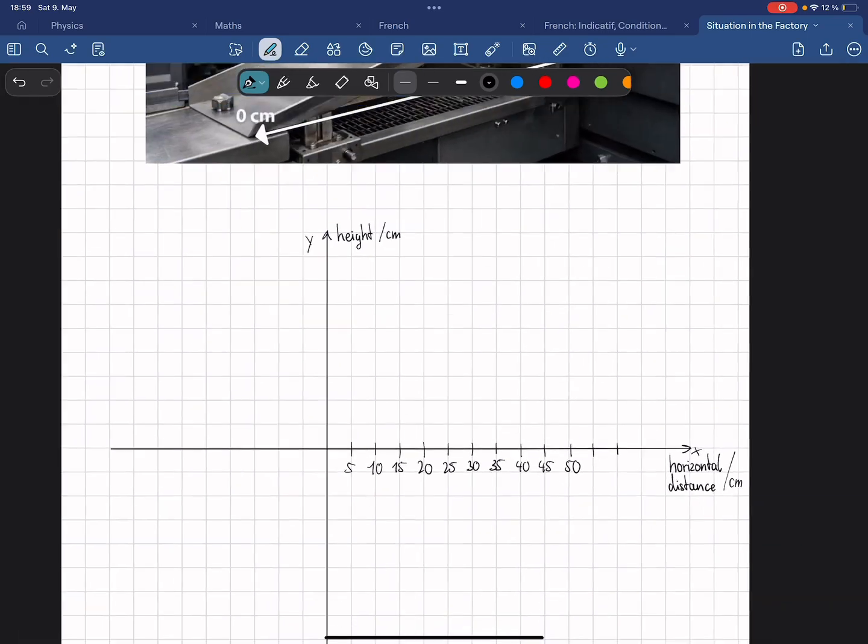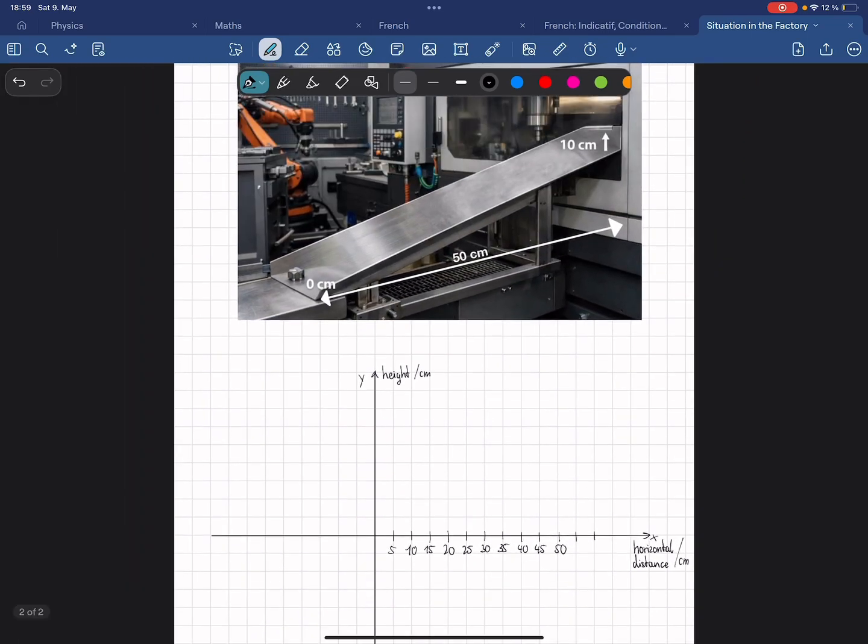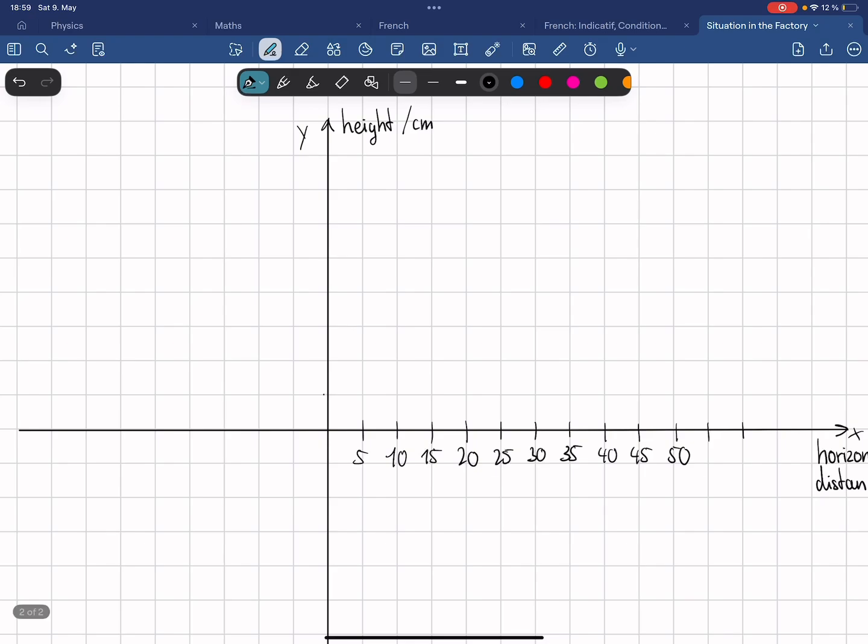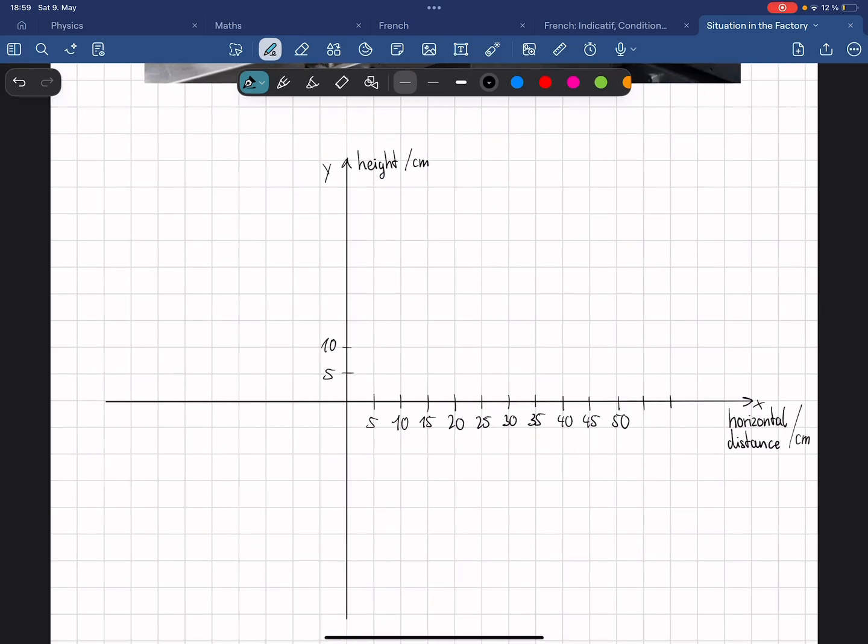All right. And now for the height, as we're going to reach a maximum height of 10 centimeters, I'll also go up to 10 centimeters. Okay. So now the only thing that we have to do is basically graph our linear function.